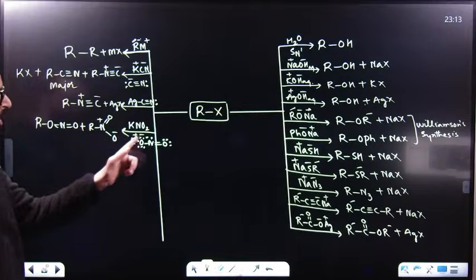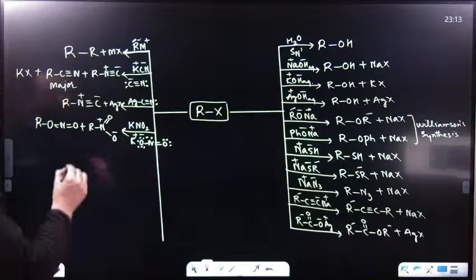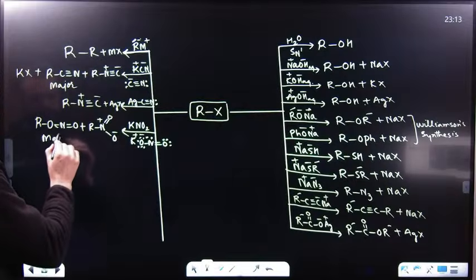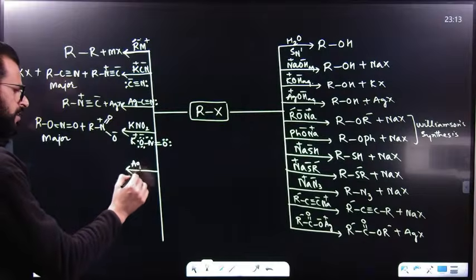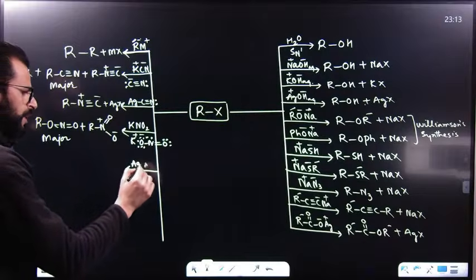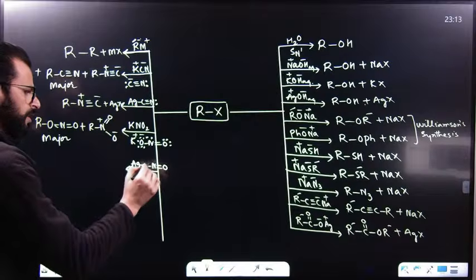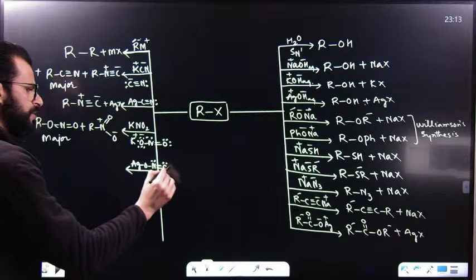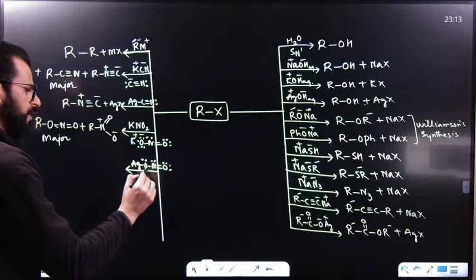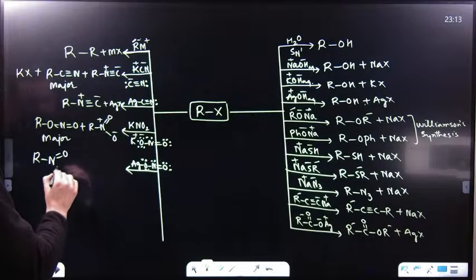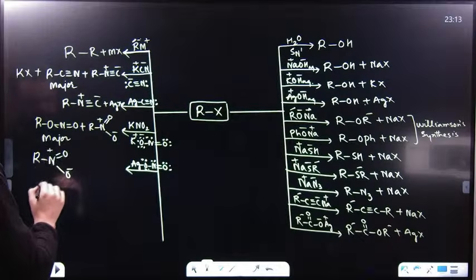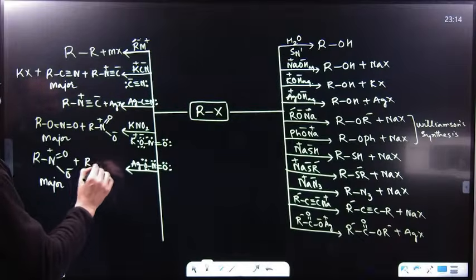But O minus is the stronger nucleophile, that's why alkyl nitrite will be the major product. But if you write down the reaction with AgNO2, that means AgONO, here it is nitrogen which is the stronger nucleophile. That is why it will result in the formation of major product like this. This will be the major product and this will be the minor product.